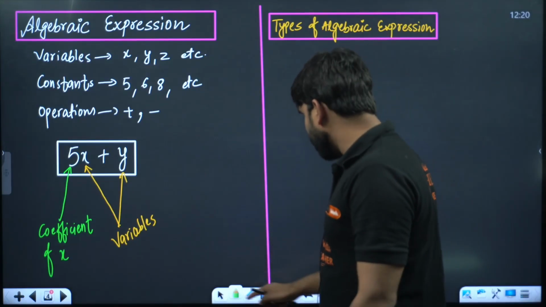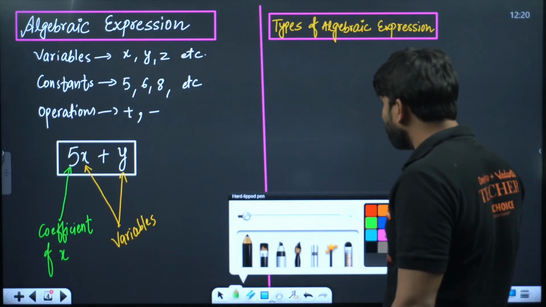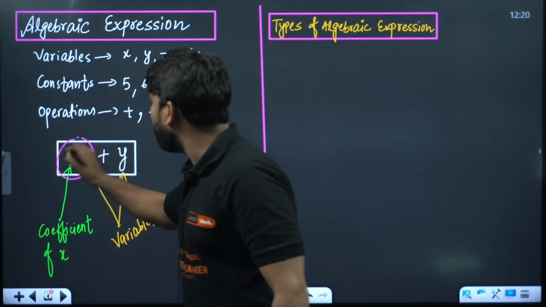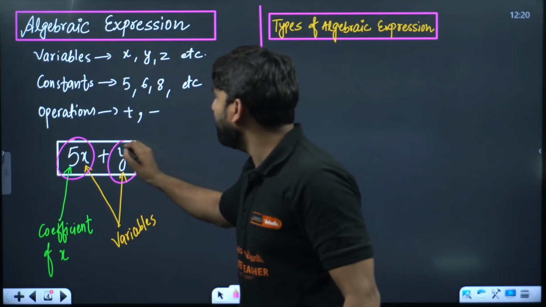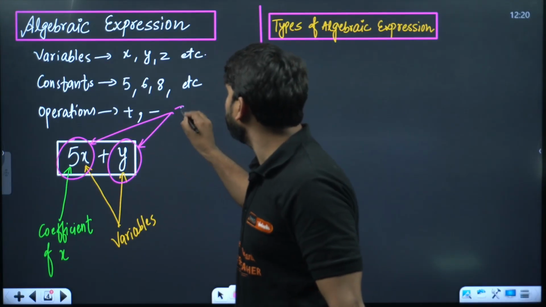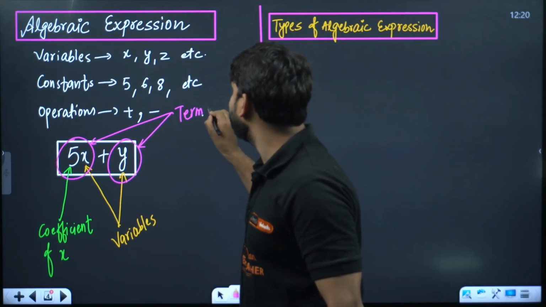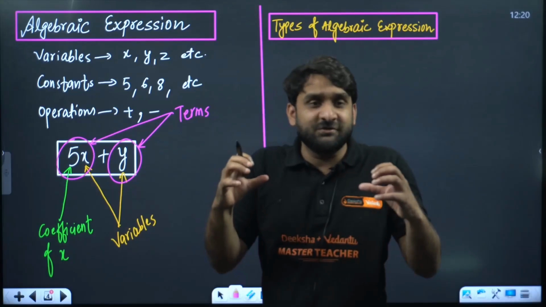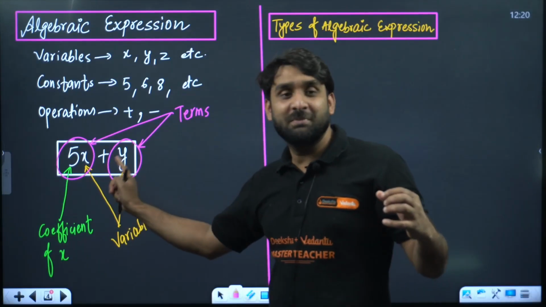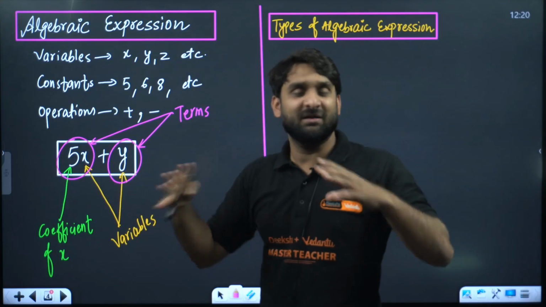And now my dear champion, I'm using pink color here. So this family and this family, both the families are called terms. Yes, my dear. The family members which are separated by operation, plus or minus, whether it is plus or minus doesn't matter.